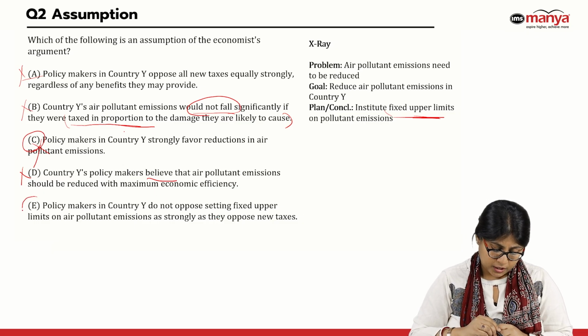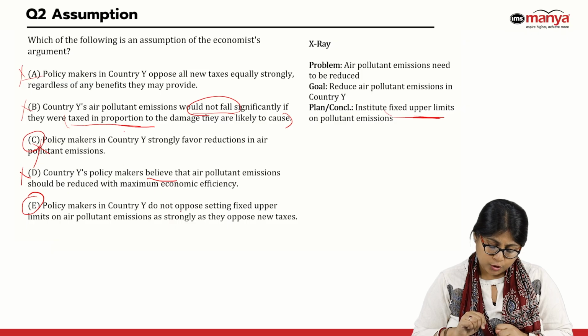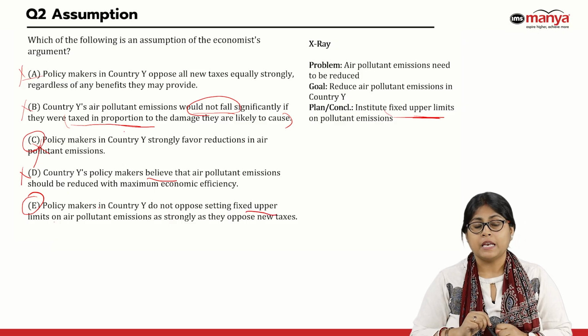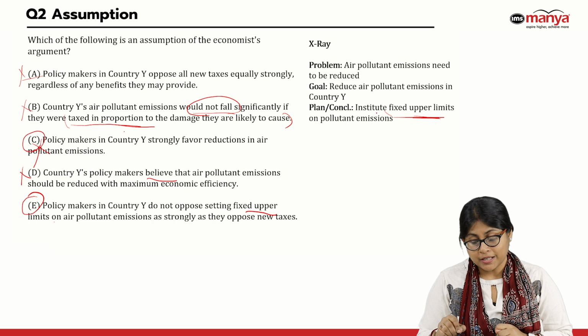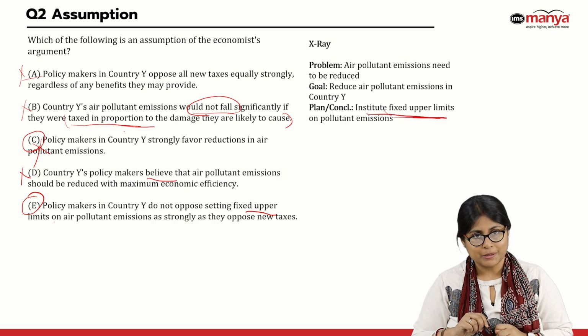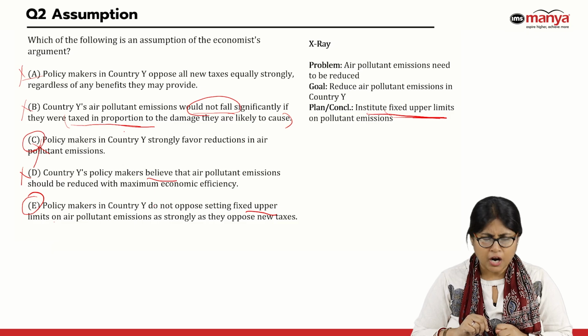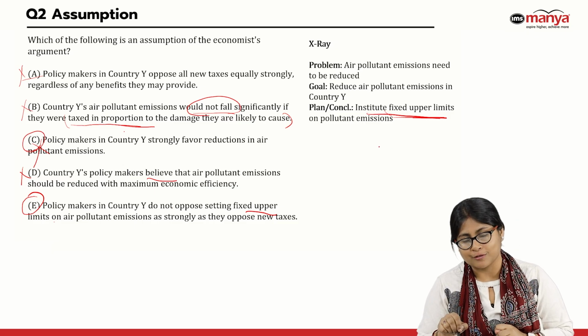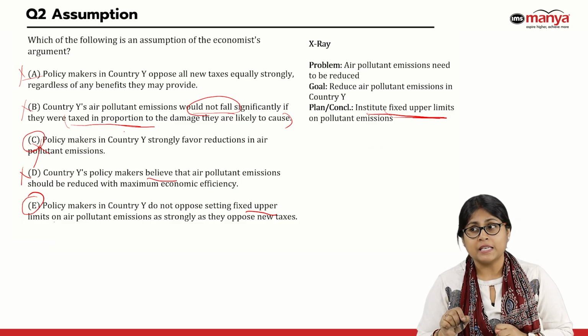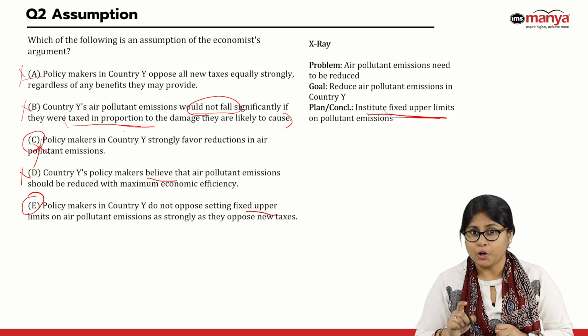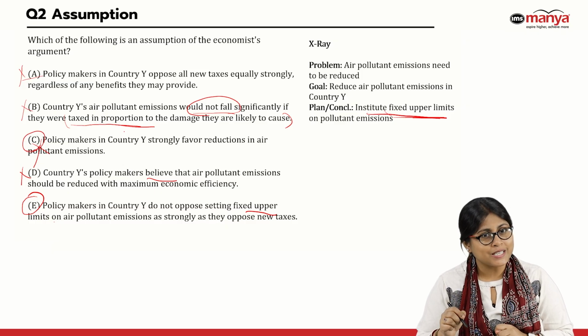Now see, the plan of action is about fixing upper limits, and policymakers are okay with that plan of action, which means ideally the adoption of the plan becomes easy.